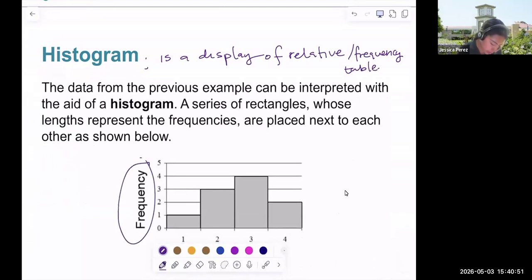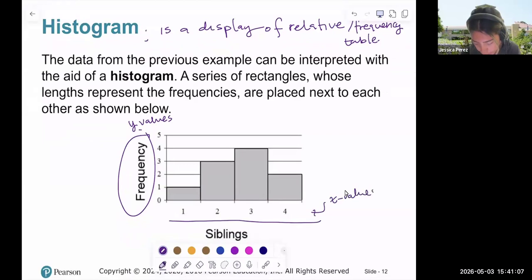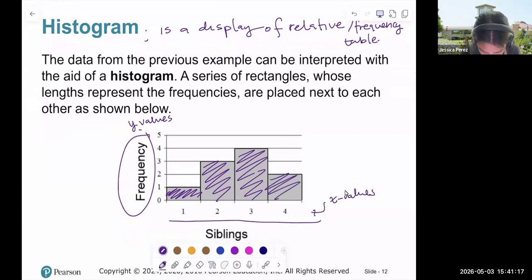So the y values are represented by the frequency, and the x values are the siblings. So these x values are the number of siblings. So 1 sibling was 1, 2 siblings was 3, 3 siblings was 4, 4 siblings was 2.